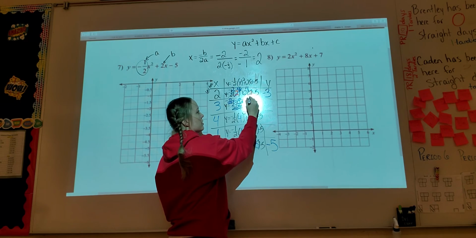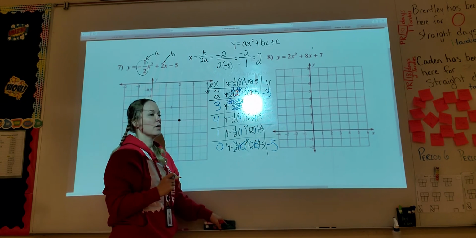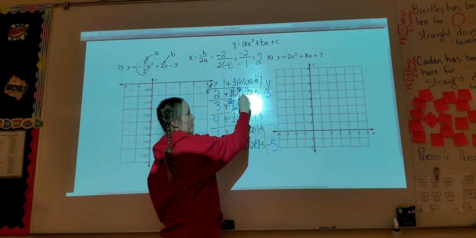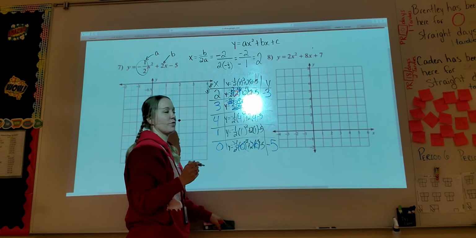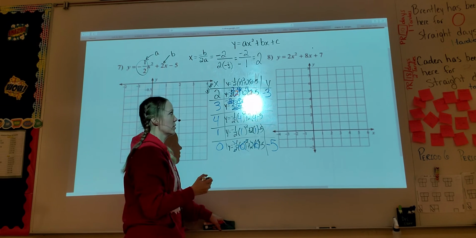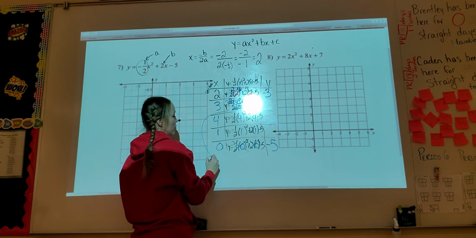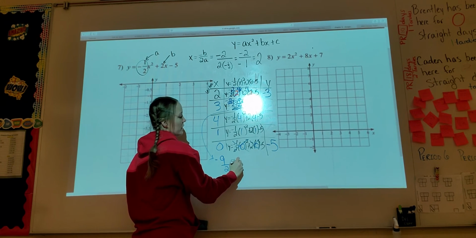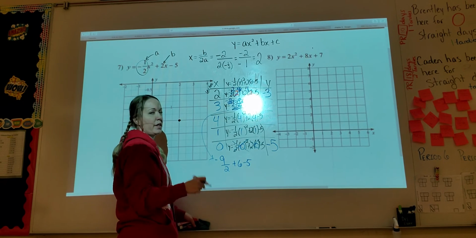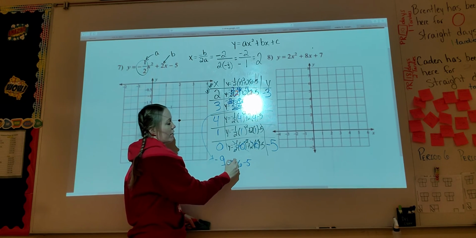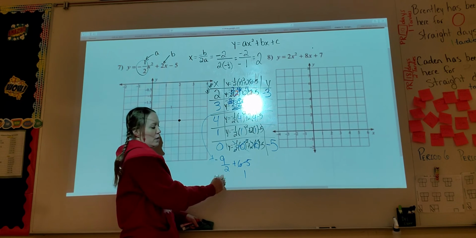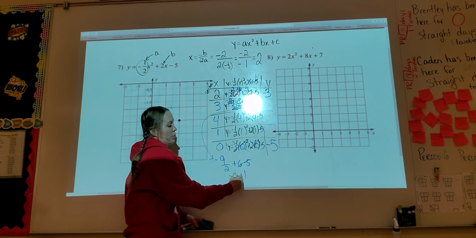2 times 3 is 6. And then -5. I'm going to go ahead and combine the 6 minus 5 real fast, because 6 minus 5 is 1. I'm going to have to work this all out down here. So I've got -9/2 plus 6 minus 5. Sorry, I had to bring it down here to show you. So I've got 6 minus 5 is actually a 1. -9/2 plus 1.